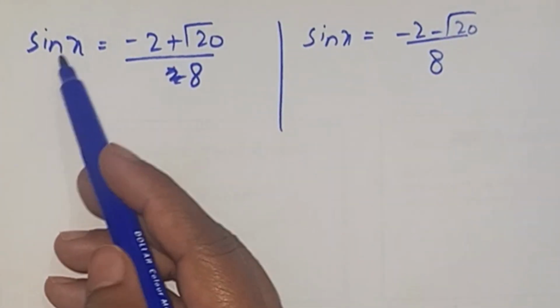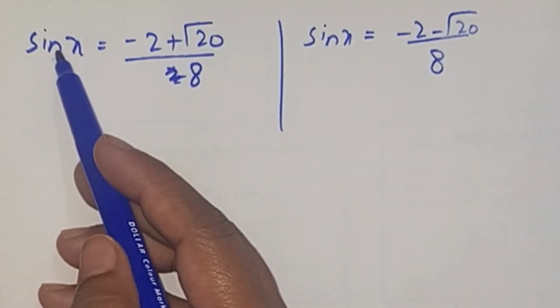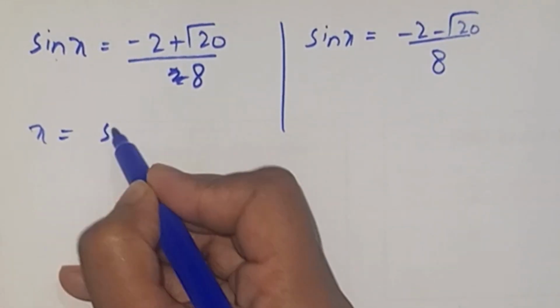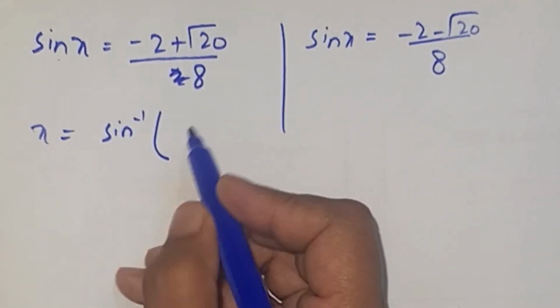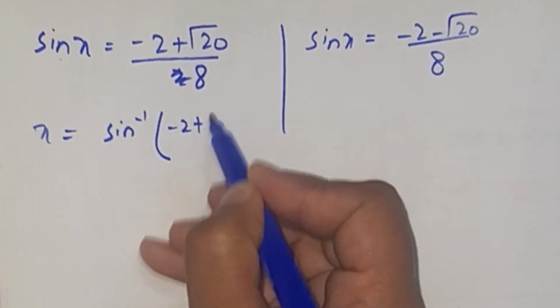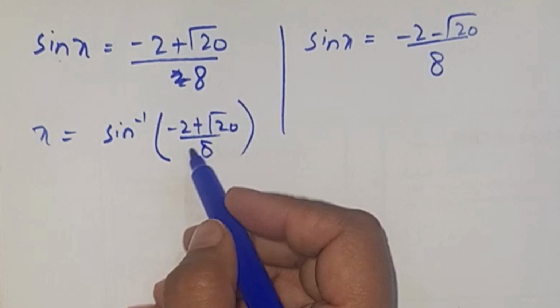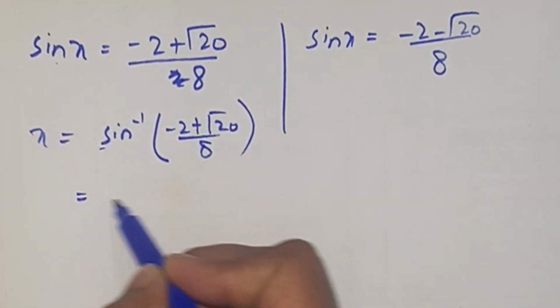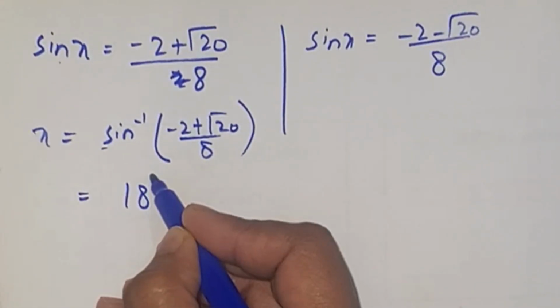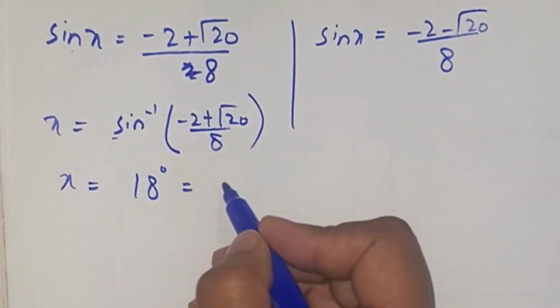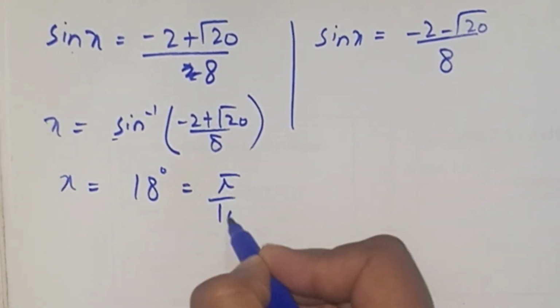Now look at this. If we shift this sine to the right-hand side, then x is equal to sin inverse of (-2 + √20)/8, and this is equal to 18 degrees, and in radians this is equal to pi over 10.